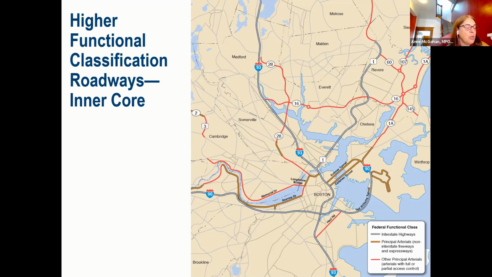Table 2 shows the projects in the LRTP and TIP that are on interstate highways. Table 3 are projects on principal arterial freeways and expressways. Table 4 shows the projects on principal arterial highways classified as other. And as noted in this table, a number of the projects on the roadways in this category are fully or partially access controlled roadways. Table 5 shows projects on minor arterials, and table 6 are projects on collectors and local roadways.